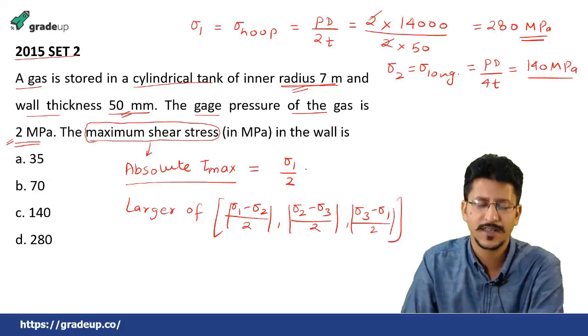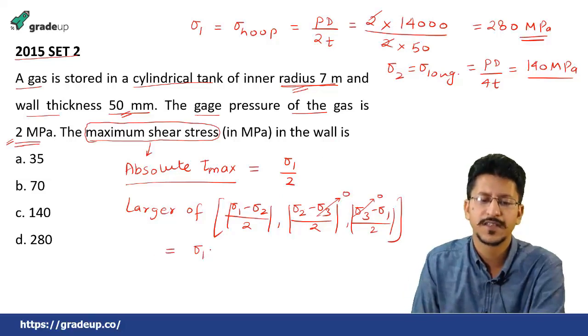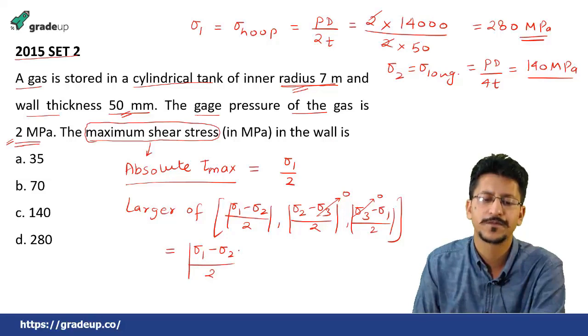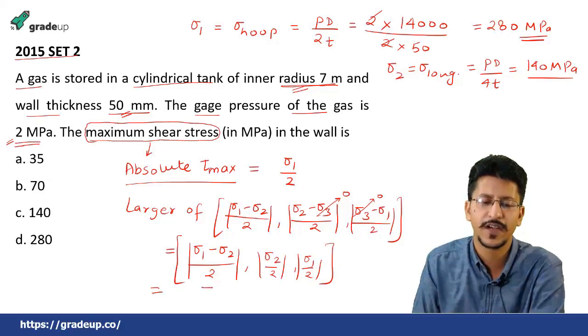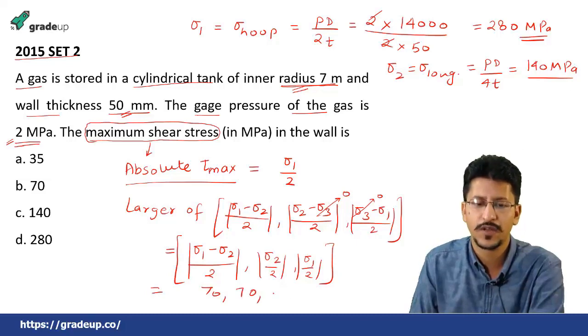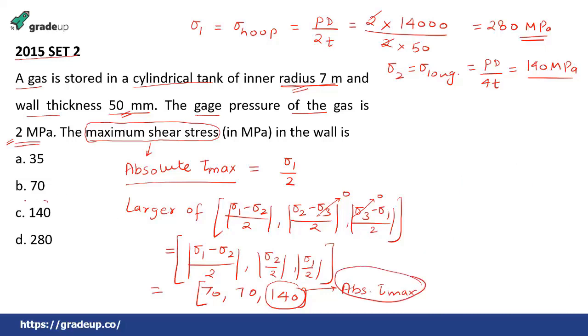In this case it is a biaxial case, so sigma 3 goes out, and it becomes the larger of sigma 1 minus sigma 2 by 2, sigma 2 by 2, or sigma 1 by 2. Just substitute the values. Sigma 1 is 280, 280 minus 140 divided by 2 is 70, sigma 2 by 2 is again 70, and sigma 1 by 2, that is 280 by 2, is 140. So the larger of these is this value. This is nothing but the absolute tau max, or the maximum shear stress that is being asked. So the correct option is option C.